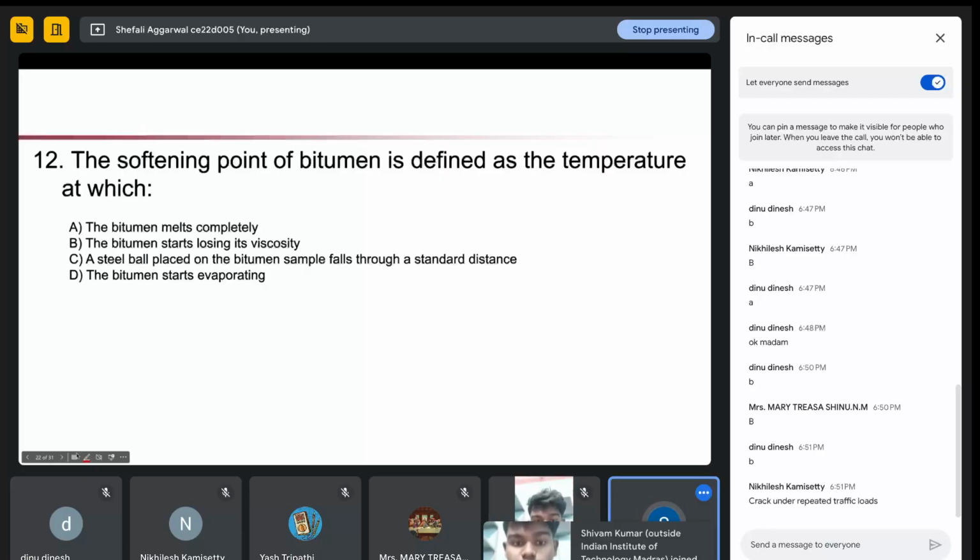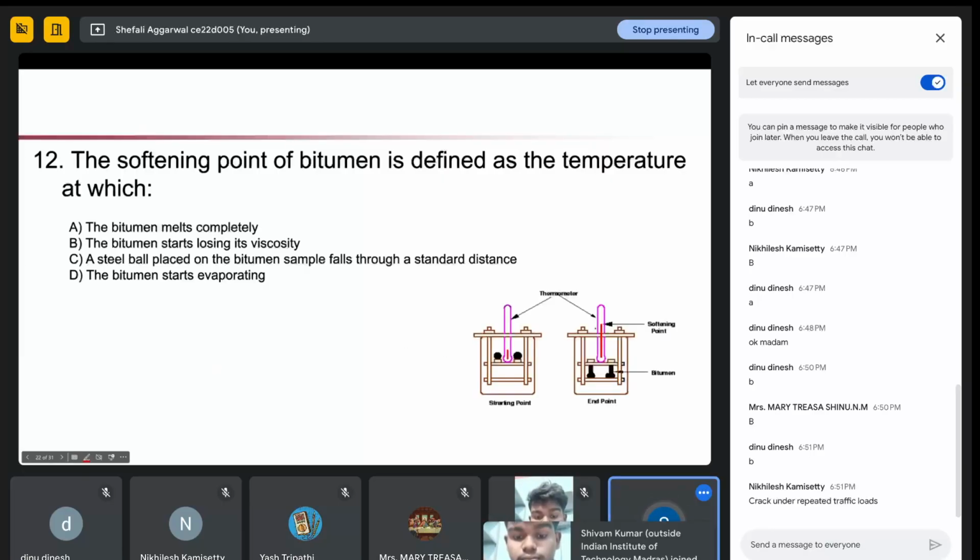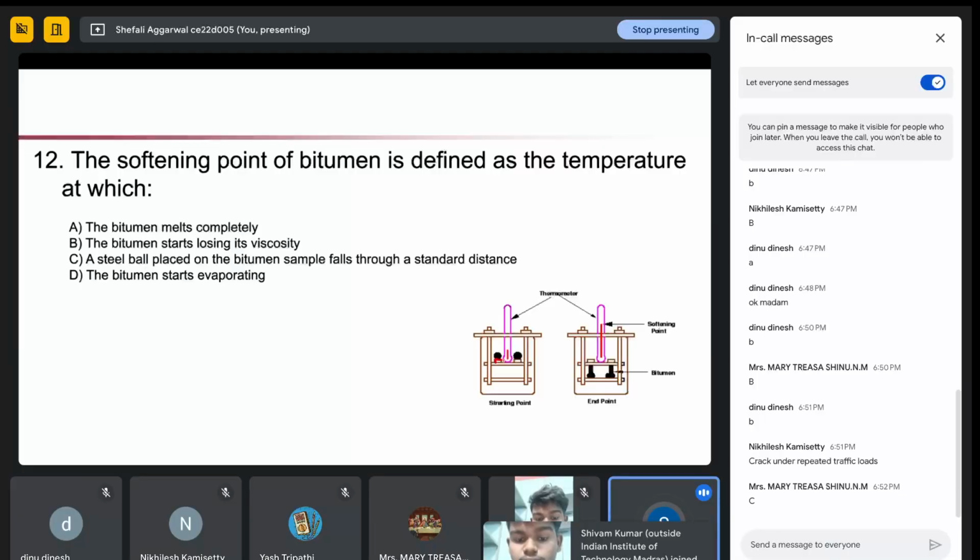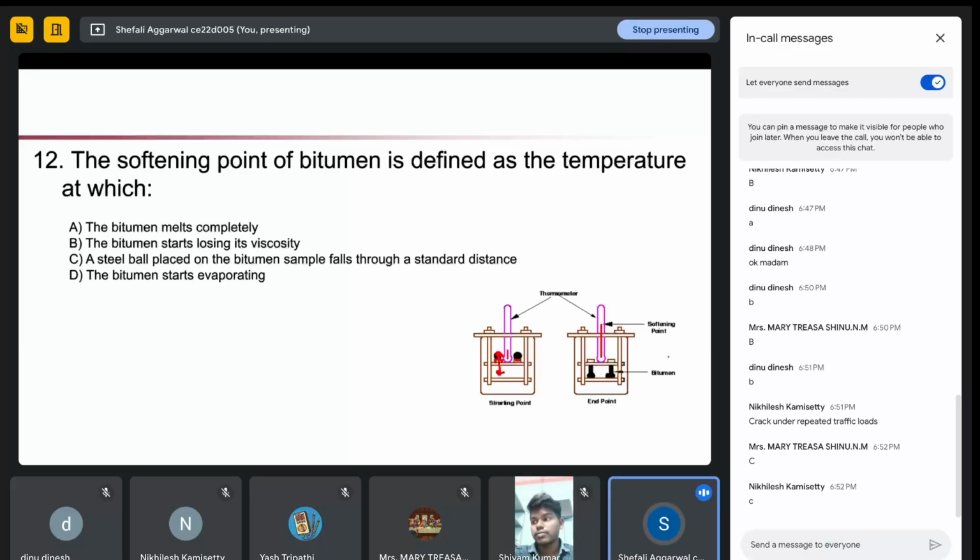If you remember the test procedure of our softening point, this is our bitumen block, and we are keeping a steel ball above it, and when it melts, this will fall through a particular distance along with bitumen. The particular temperature at which it falls is defined as the softening point of our bitumen. So everyone has given the right answer. C is the correct answer.